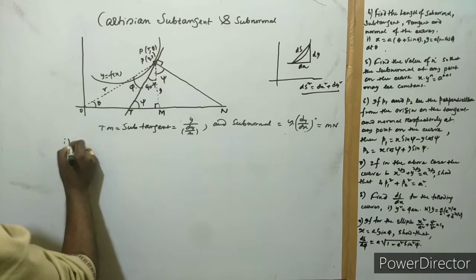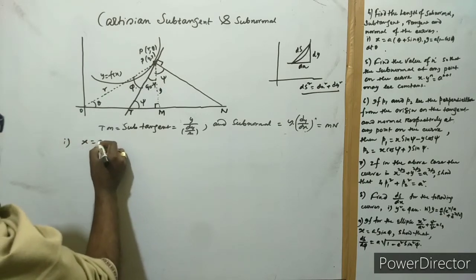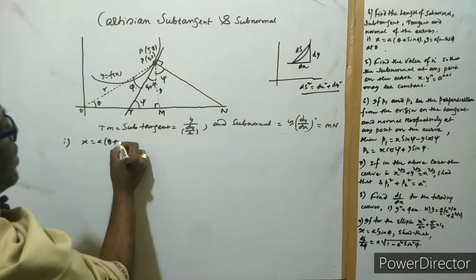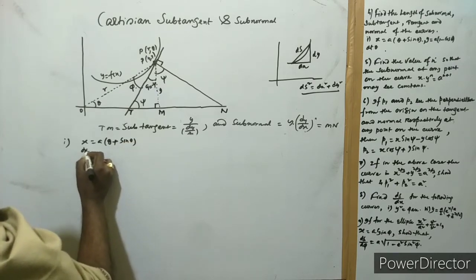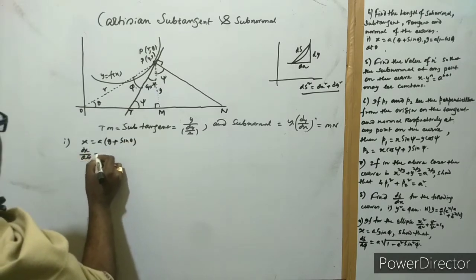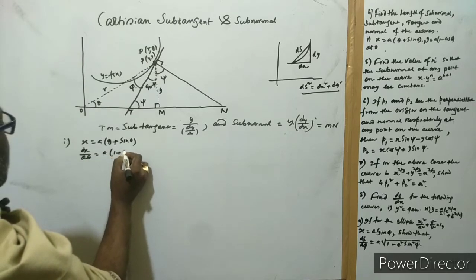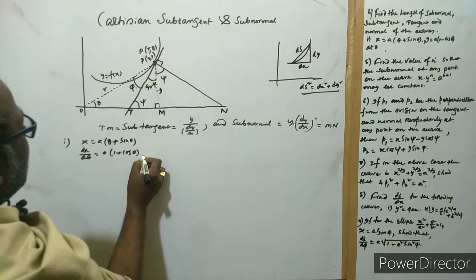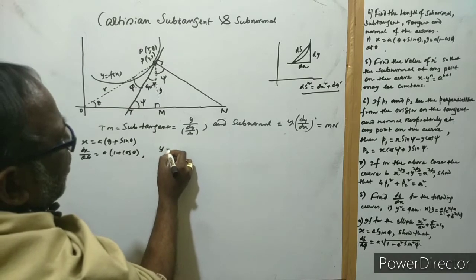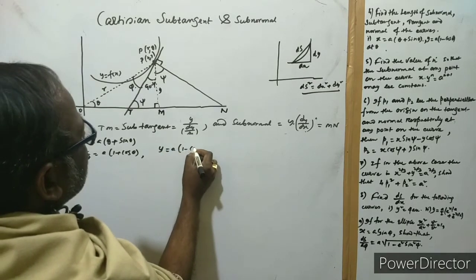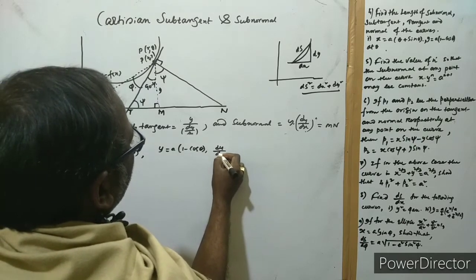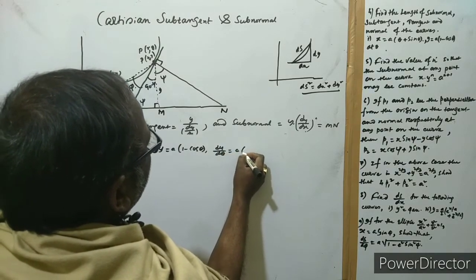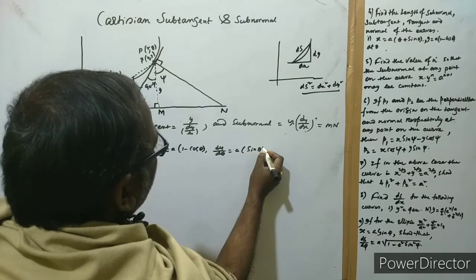This is number 1. x equals a within the bracket theta plus sine theta. So dx by d theta is a into 1 plus cos theta, and y equals a into 1 minus cos theta, dy by d theta is a into sine theta.